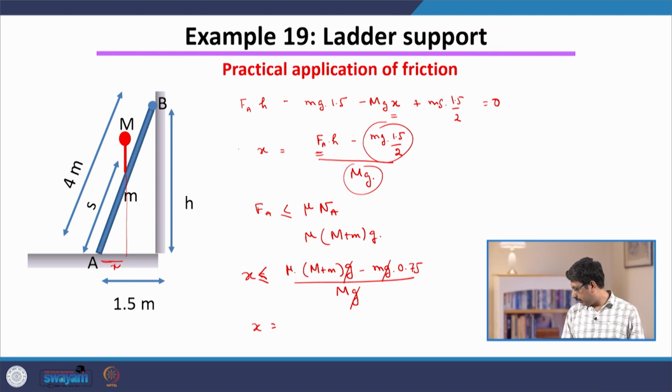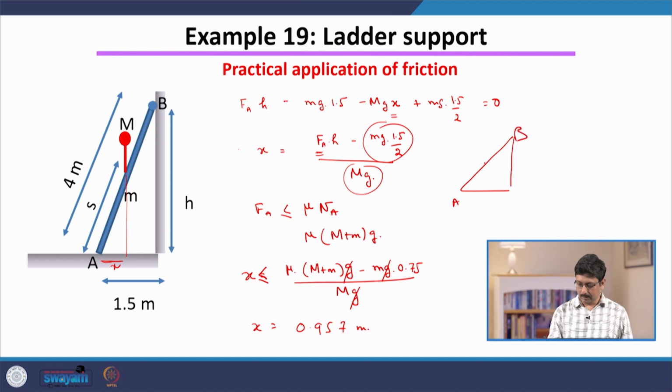something like 0.957 meter. Now, this is x, but what you want to know is s. That we can get from geometry. So, this is A, this is B, this is x, this is C, this is P. We drop a perpendicular and this angle is theta.